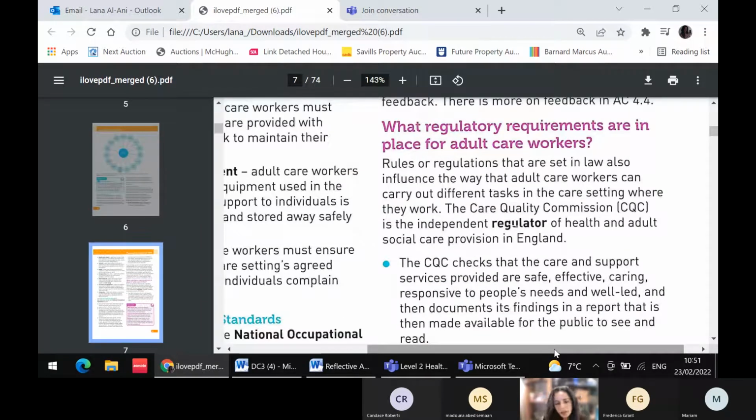So the regulatory requirement is set by law. It influences the way that an adult care worker can carry out duties in the care setting.